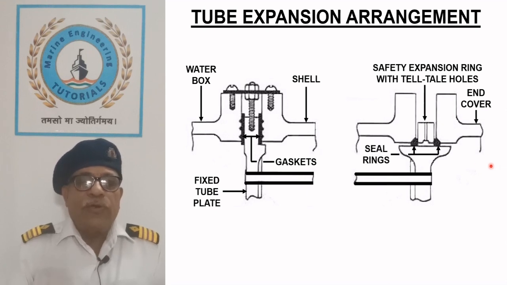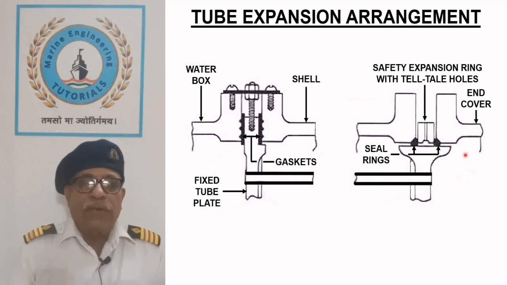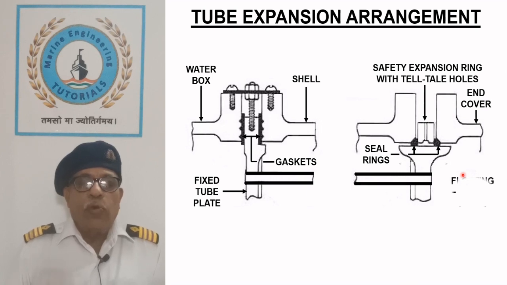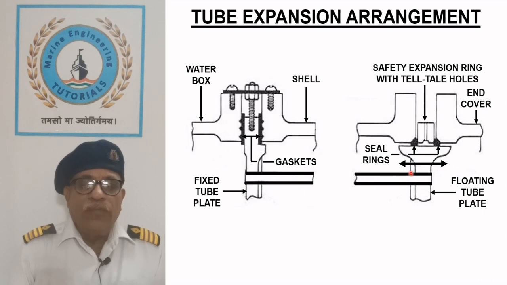Sealing of the safety expansion ring with shell and end cover is achieved by synthetic seal rings on both sides. Floating tube plate rests on the seal rings and is free to move, thereby providing expansion and contraction allowance to the tubes.